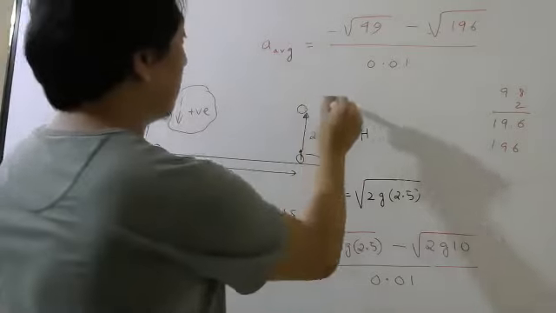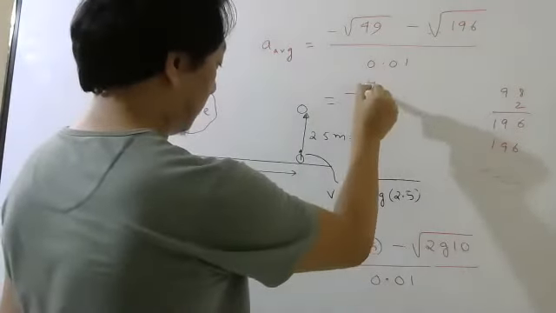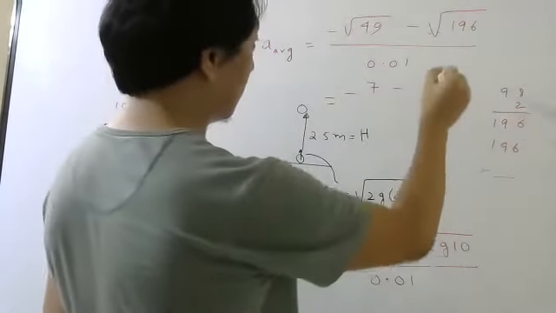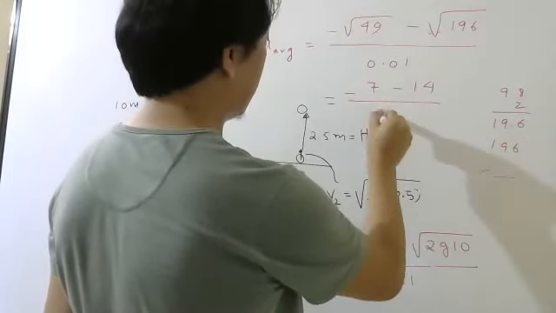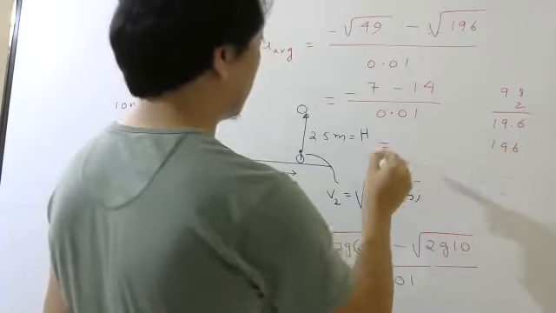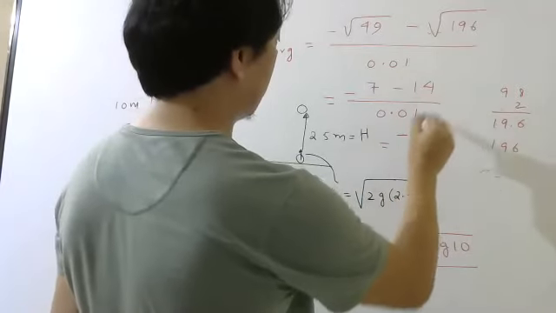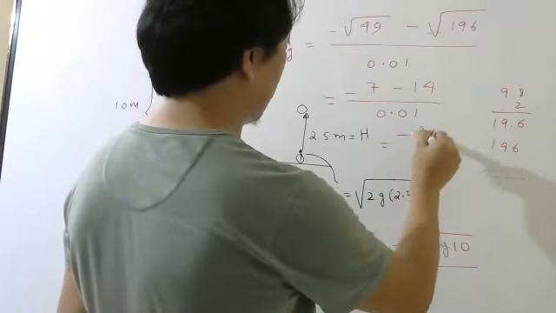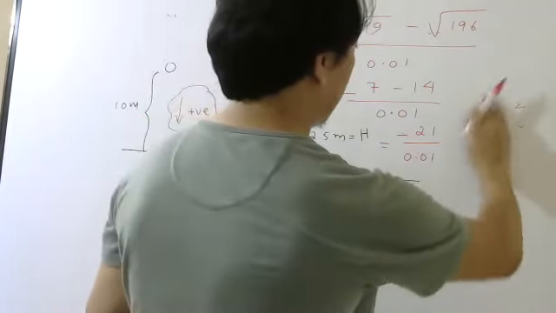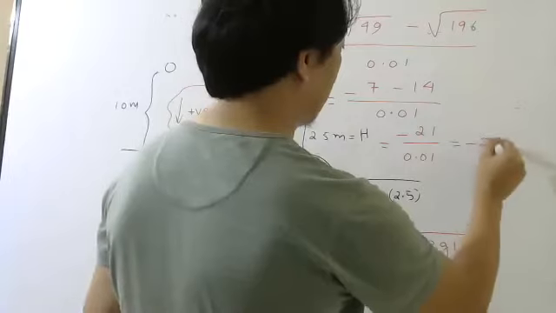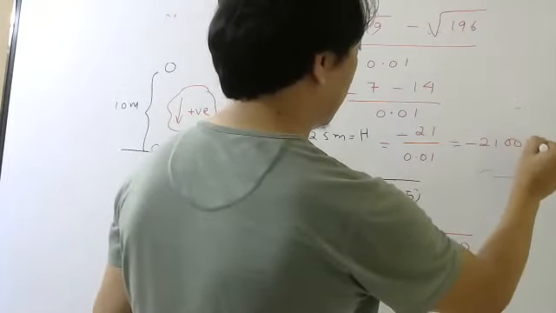So this will be minus 7 minus 14 divided by 0.01, so minus 21 divided by 0.01, and that will come to minus 2100 meter per second square.